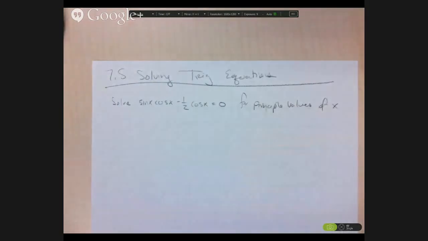Okay. And then we're going to express the answer in degrees here. Sometimes you'll be asked to put it in radians, so just be able to go between the two.